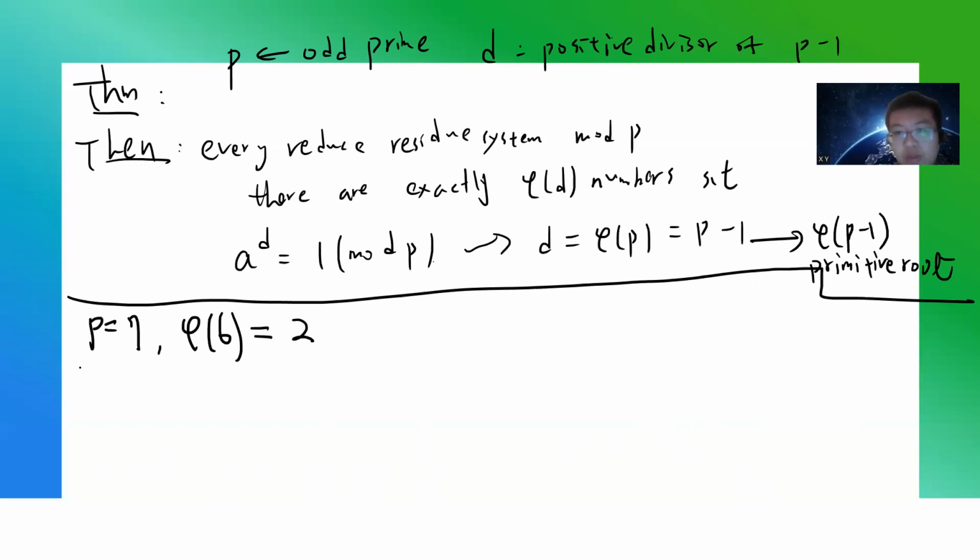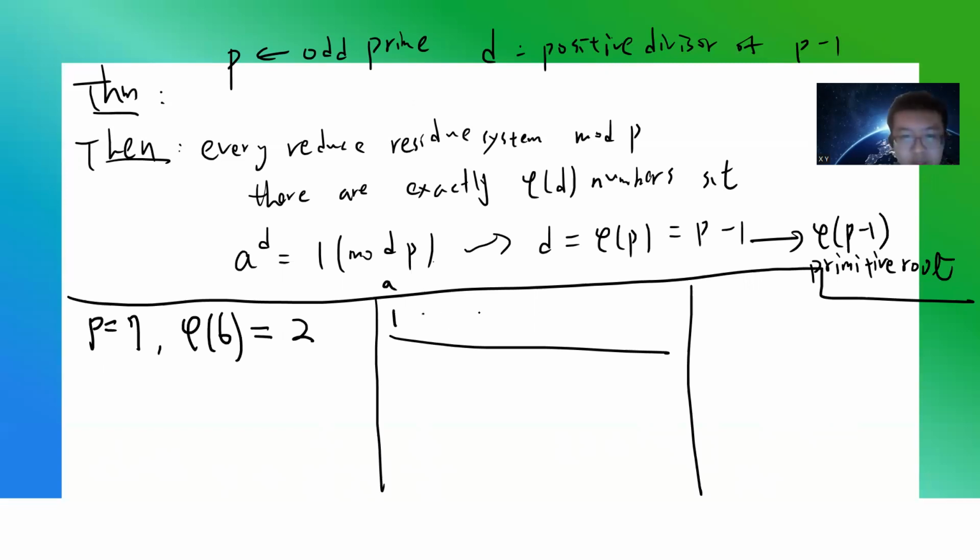So let's check it. Choose a to be 1, 2, 3, 4, 5, 6, and we want to check its order mod 7. Notice that phi(7) is 6, so we need to find a such that a to the 6 is 1 mod 7, and the theorem tells me there are 2 of them.